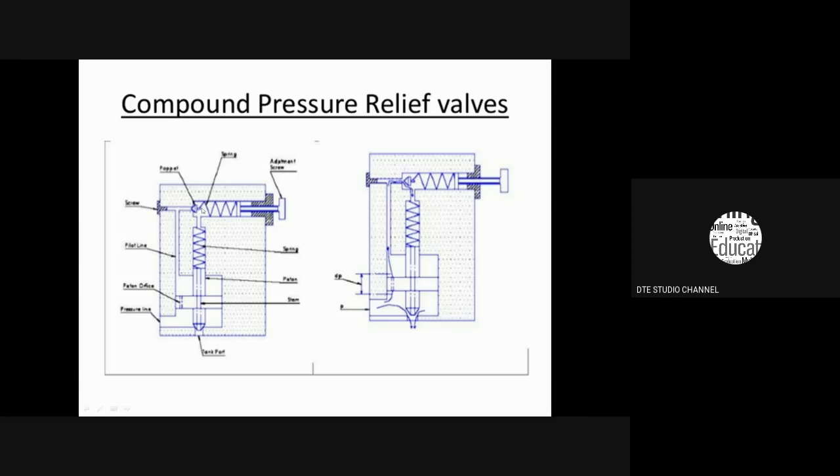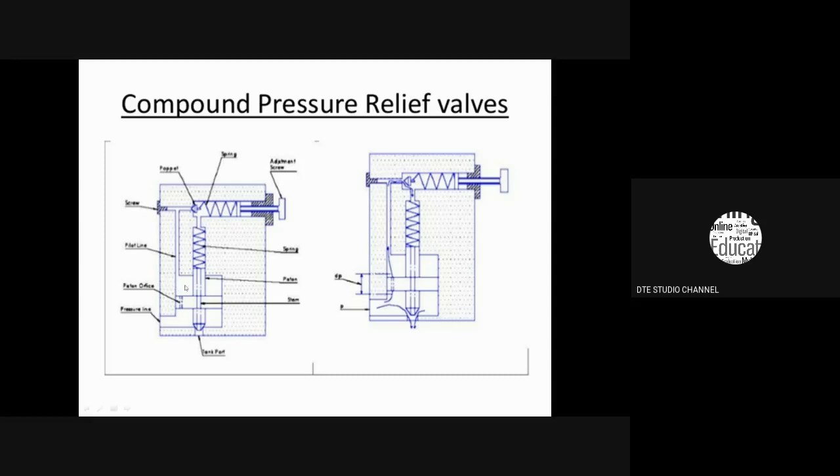The poppet closes the port by spring force, which can be adjusted by means of an adjusting screw. Whenever the fluid pressure is less than the maximum value, fluid enters the orifice and the top of the cylinder, and also goes up to the poppet.